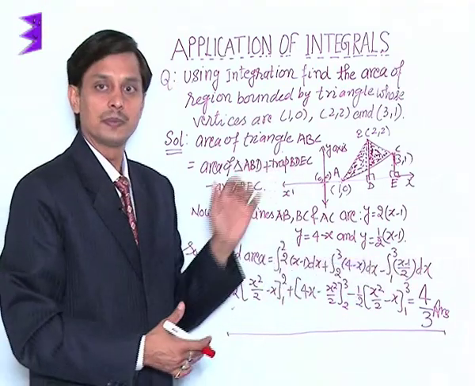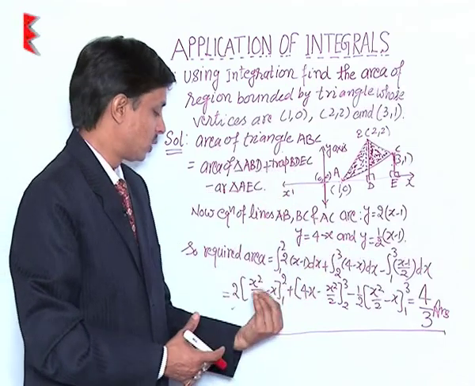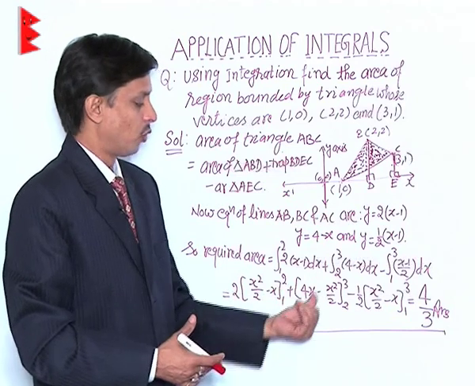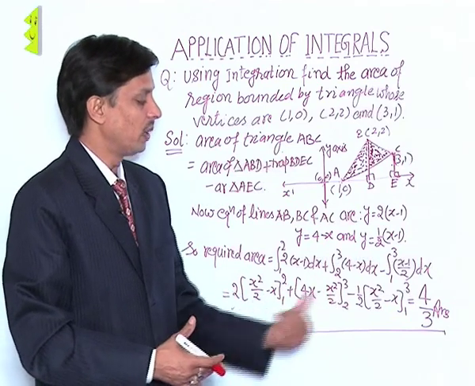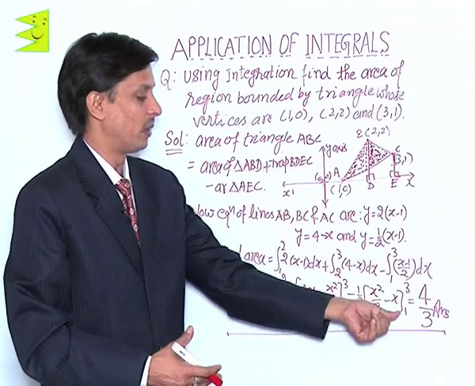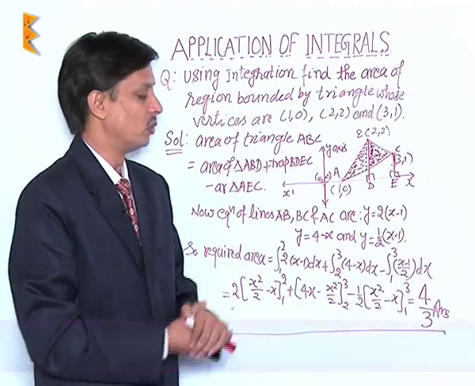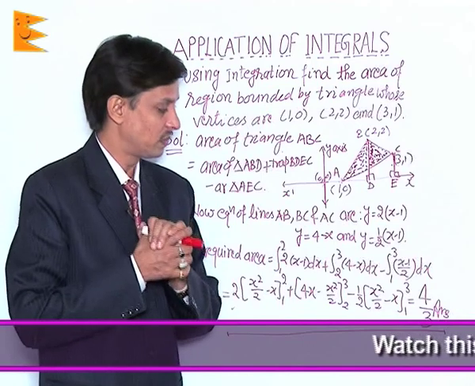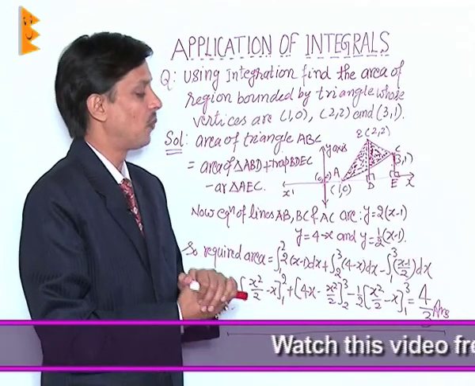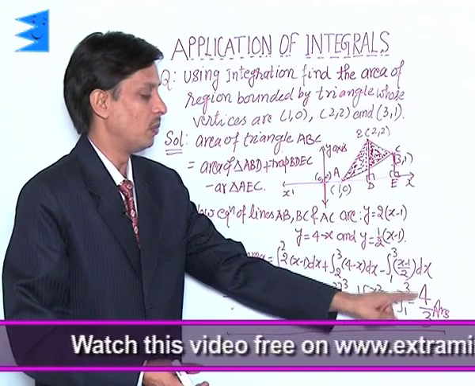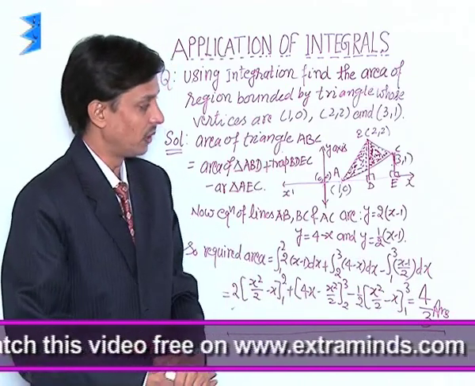When we put these values and integrate, we obtain twice of x square upon 2 minus x from 1 to 2, 4x minus x square upon 2 from 2 to 3, and half of x square upon 2 minus x from 1 to 3. When we put the limiting values and simplify, the area of the required triangle ABC is 4 by 3.